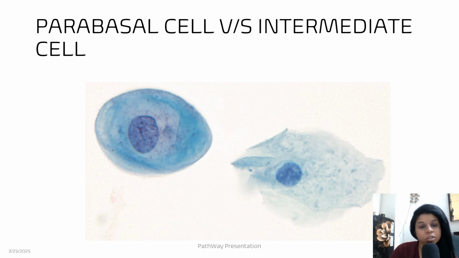And obviously the nuclear size is more. This is 35 micrometer square and this is 50 micrometer square. So the intermediate cell is what you take as reference: you compare the nucleus to say whether it is superficial, it will be lesser, and the other cells will have a higher nucleus compared to the intermediate cell.